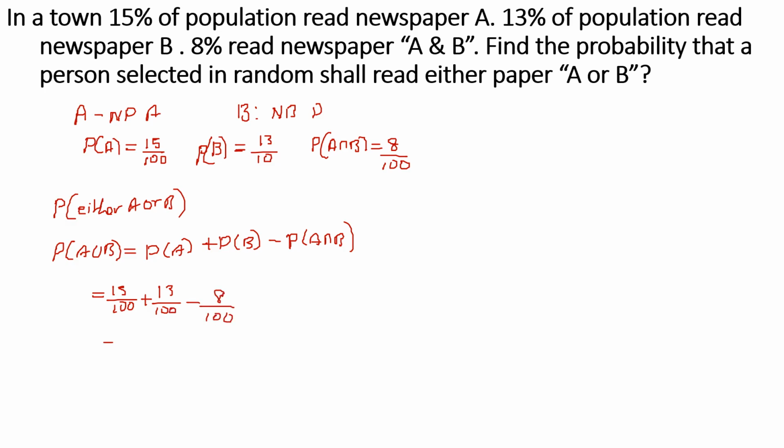That will be equal to 15 plus 13, we have 28, 28 minus 8, that is 20, divided by 100. That means 20% of the people read either A or B.